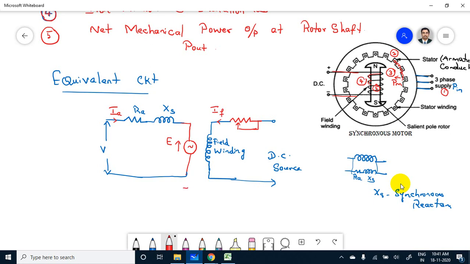Okay, this is figure 1. Figure 1 will be the equivalent circuit of the synchronous motor.